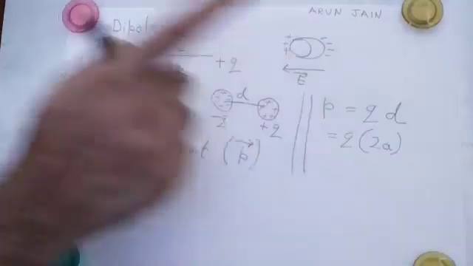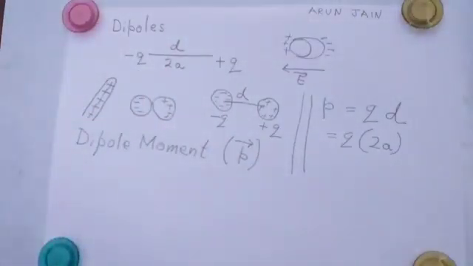There's a reason why we call it 2a. Remember that, and remember also that this distance is not double the distance. This is the distance between the two charges. Only thing is we are calling it 2a. So Q into 2a is the dipole moment and is directed from minus charge to plus charge.